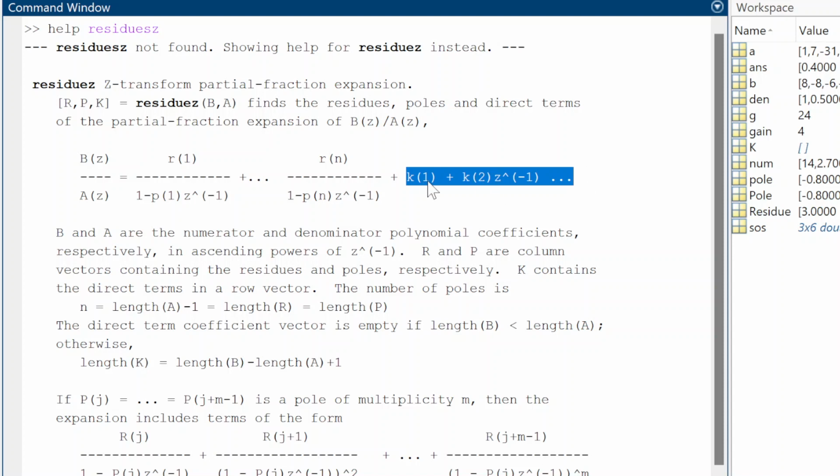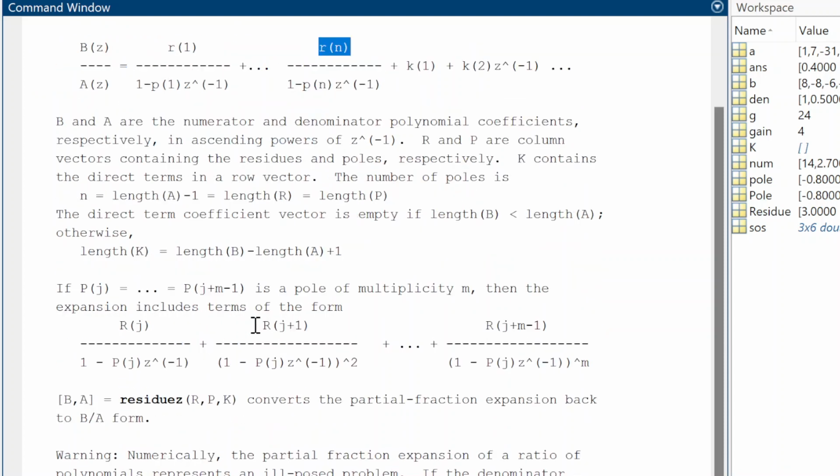In this case, we won't have this portion because the order of the numerator in z to the minus 1 is less than the denominator. So you're supposed to find this k, by k I mean this whole thing, and then p, which will be a vector that contains p1, p2 up to pn, and then r, which will be another vector that contains r1 up to rn. So we need to find them.